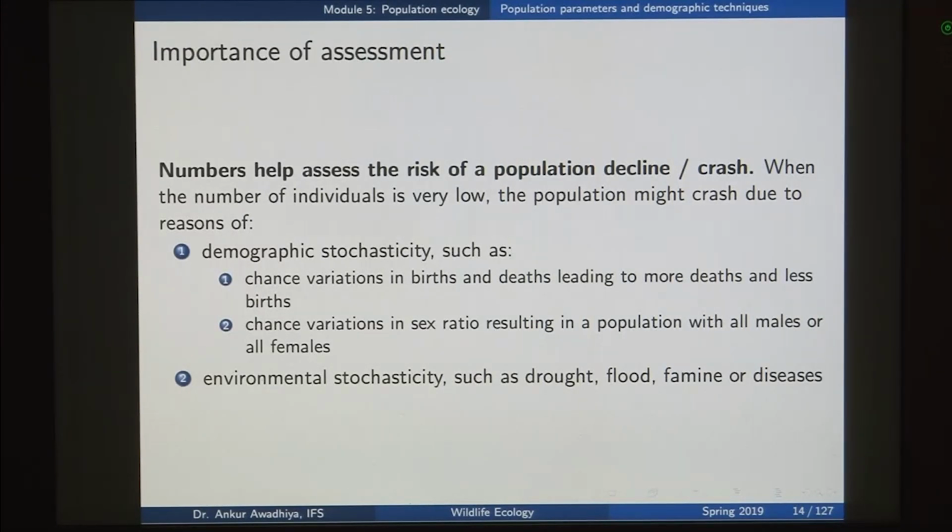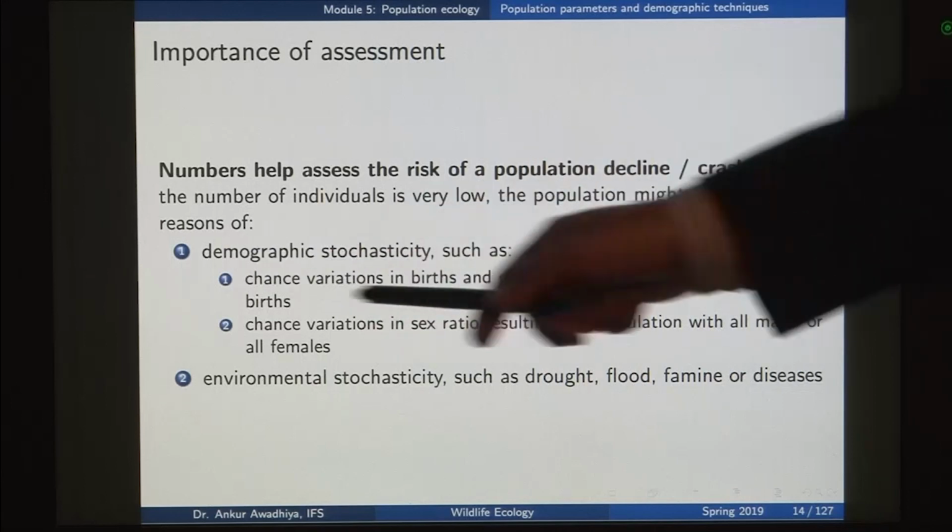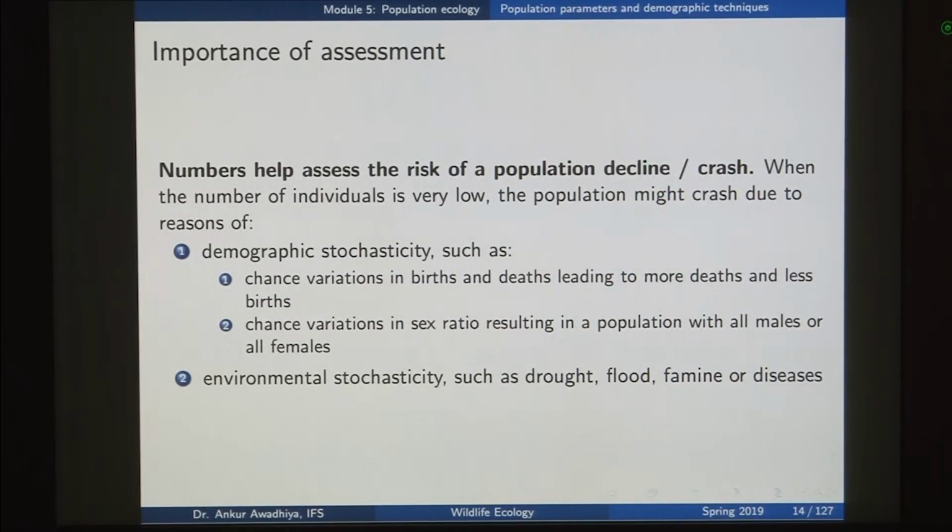Or for instance, you want to understand if demographic stochasticity is going to have any impact. Demographic stochasticity is one example we have already seen. The second example is chance variation in births and deaths. Every population suffers some births and some deaths.